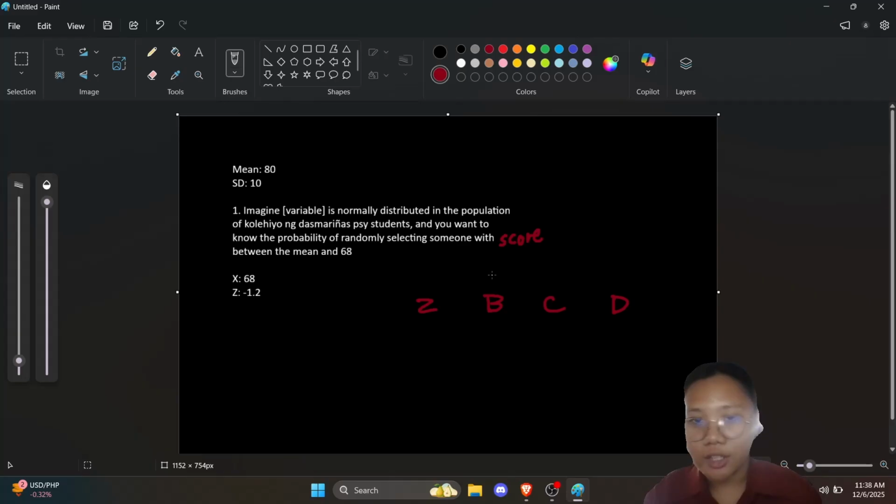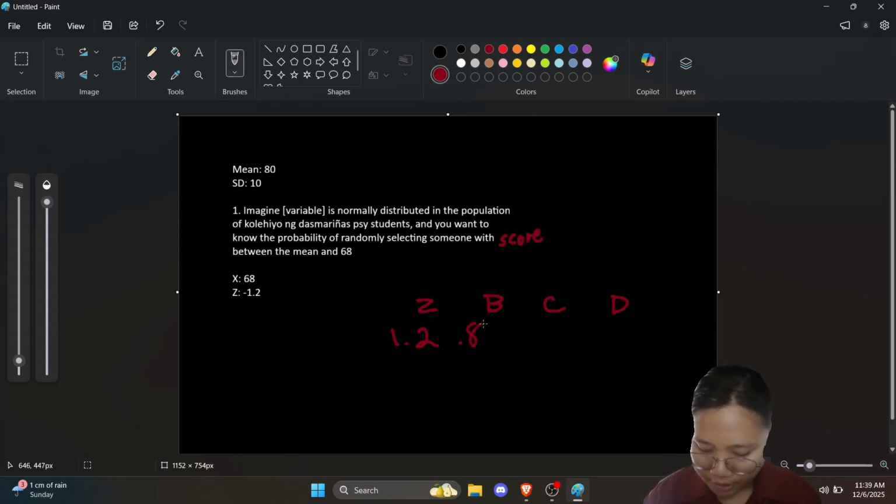To know the values of your body, tail, and between, you look up your z-score, which in my example is 1.2. The unit normal table doesn't have negative values, but regardless, you just find the value.